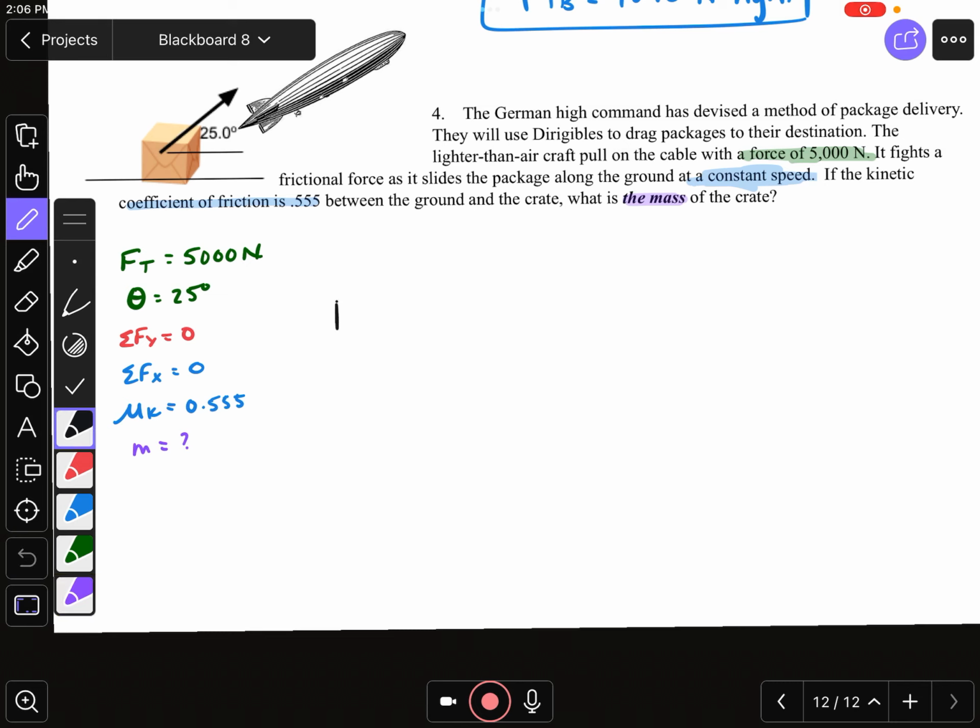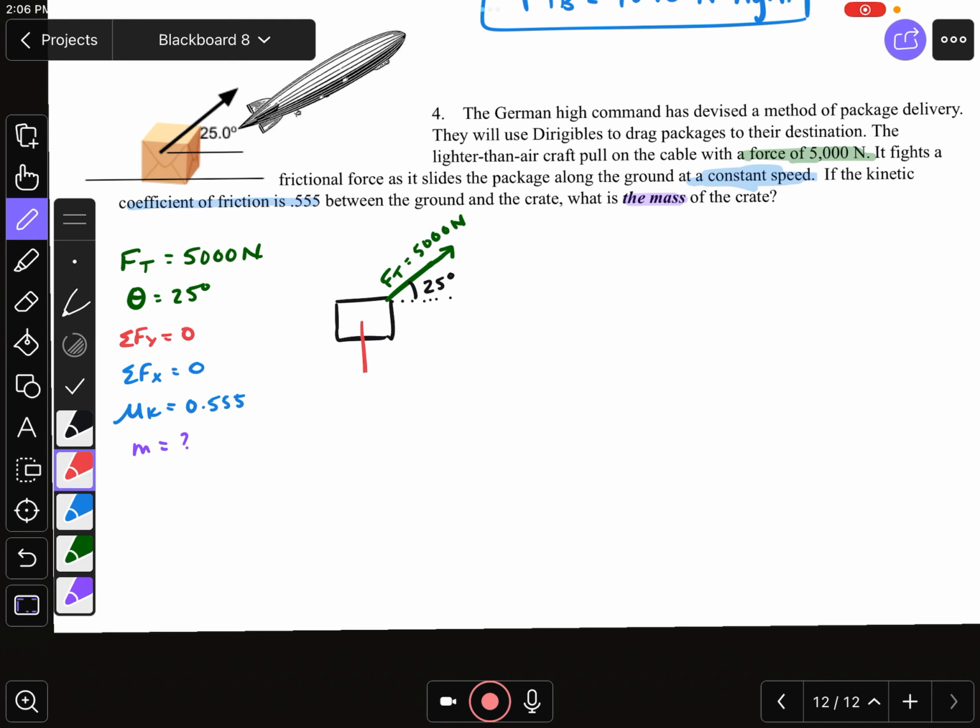All right. First step, draw my free body diagram. Ft is equal to 5,000 newtons, and the angle here is 25 degrees. Okay, then I have the force of gravity acting down.